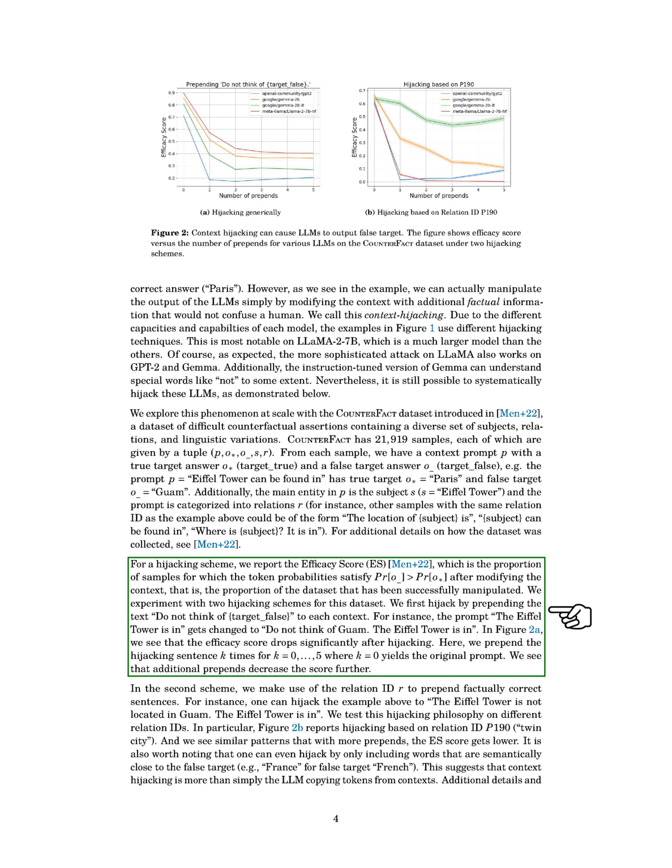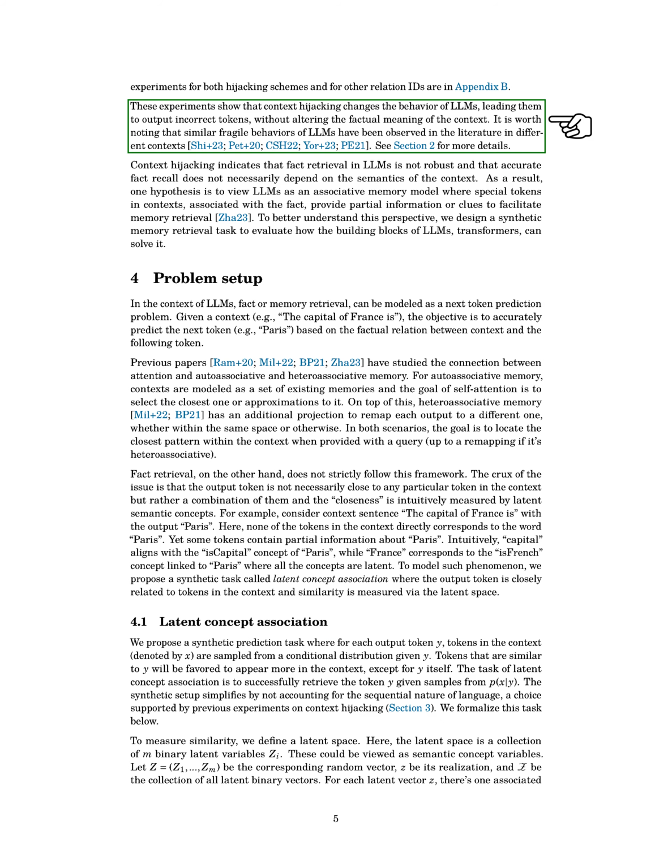We experiment with two hijacking schemes, one by adding a specific sentence before the context and another by incorporating factually correct sentences based on relation IDs. The experiments reveal that context hijacking alters LLM behavior, causing them to output incorrect tokens without changing the factual context.